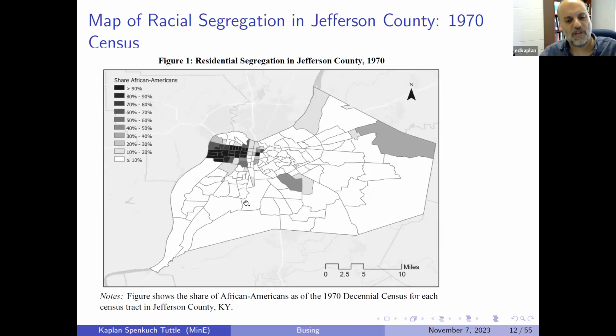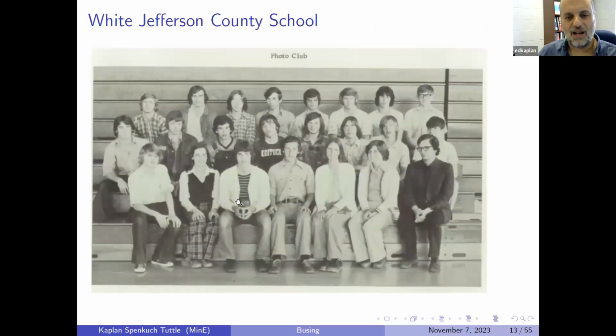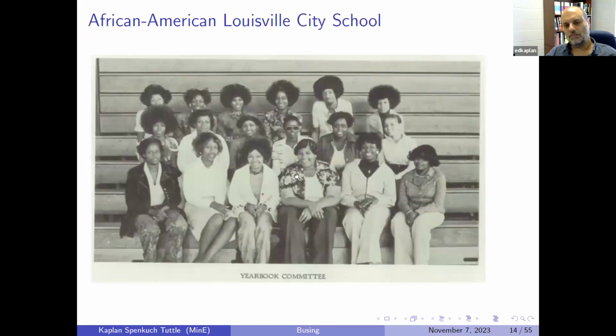There really weren't many other minorities in Kentucky at that time. But then in the cities, a lot of areas were almost 90 to 100% white. So things were very segregated, and the schools reflected that. So here is a picture from a school yearbook at the time before segregation, and here's a black school, fully segregated.